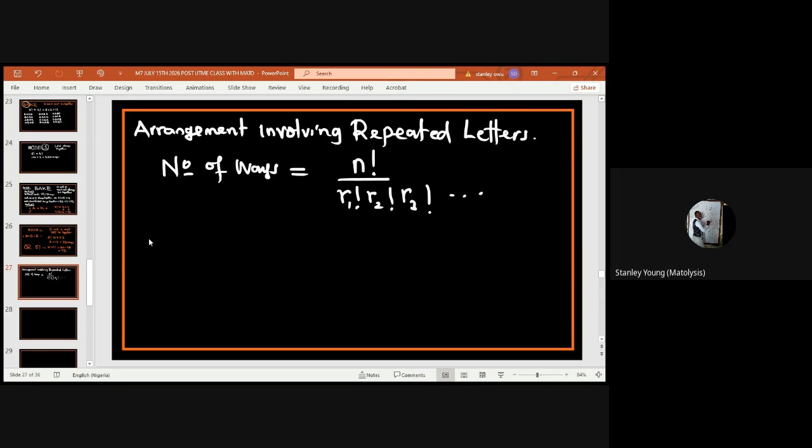If I have something like book, if I say you should arrange the letters in the word book, I didn't mean these things were all different. The answer would have been 4 factorial. You remember, right? But now, which one is repeated here?